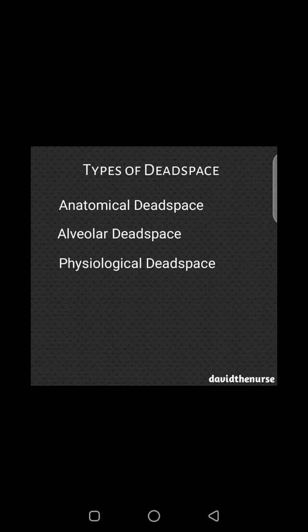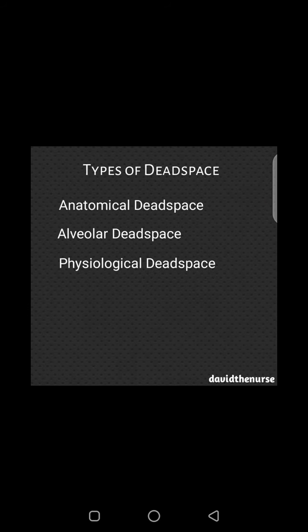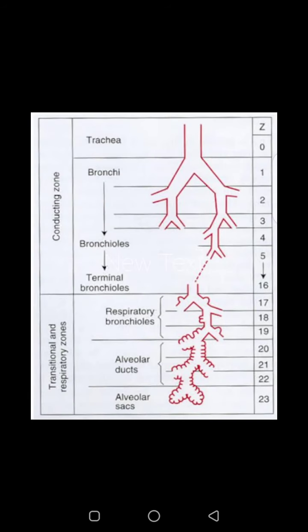Because a lot of students confuse these types of dead space: the anatomical dead space is related to the conducting zone, alveolar dead space is related to the respiratory zone, while physiological dead space is the addition. That is, if we want to write it as a formula, physiological dead space is equal to anatomical dead space plus alveolar dead space.